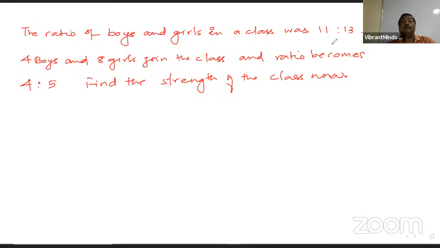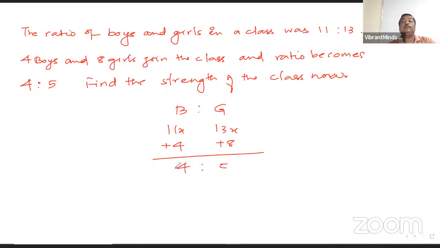Now suppose the number of boys is 11x and the number of girls is 13x. So we have boys is to girls, 11x and 13x. 4 boys are getting added, 8 girls are getting added, and the ratio becomes 4:5. Let's equate this.